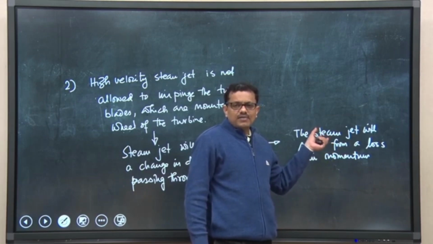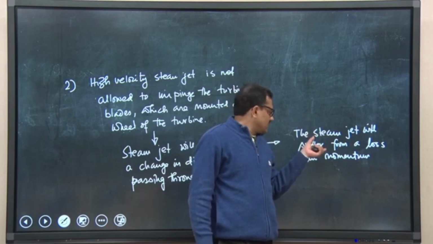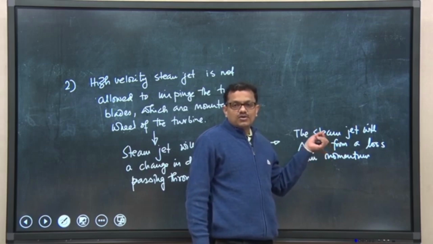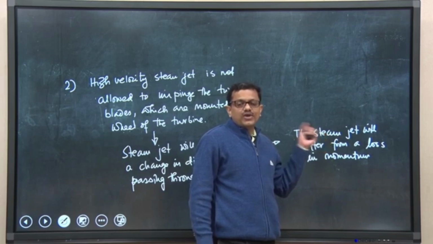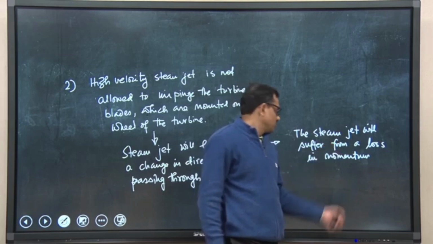Nothing is lost, that loss in momentum will be absorbed by the rotor or wheel. So, that loss in momentum will be absorbed by the turbine wheel and that will produce torque.